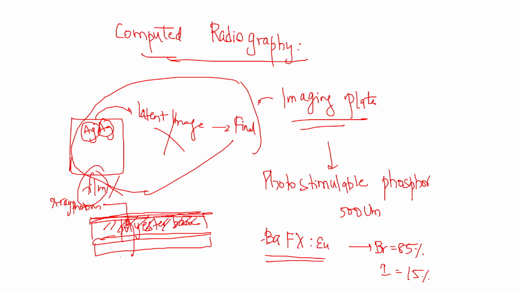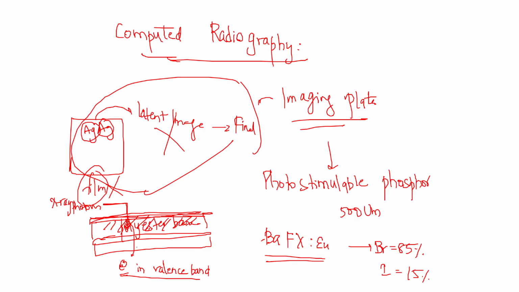The phosphor gets excited and produces electrons. When X-ray photons stimulate the phosphor, electrons present in the valence band are activated.